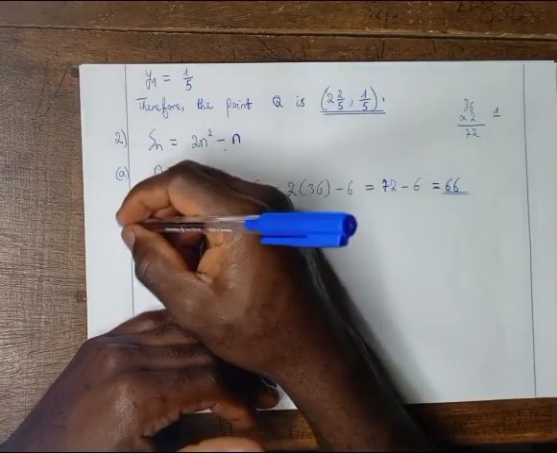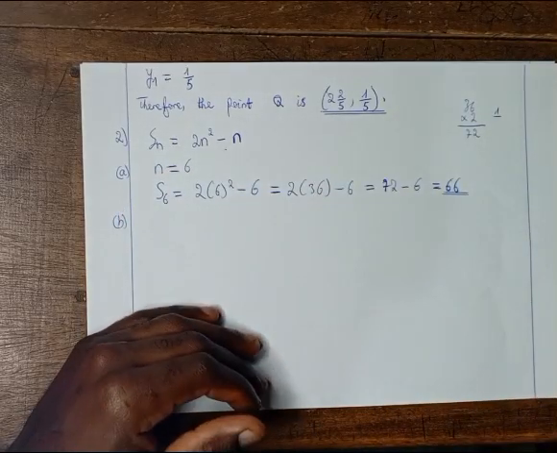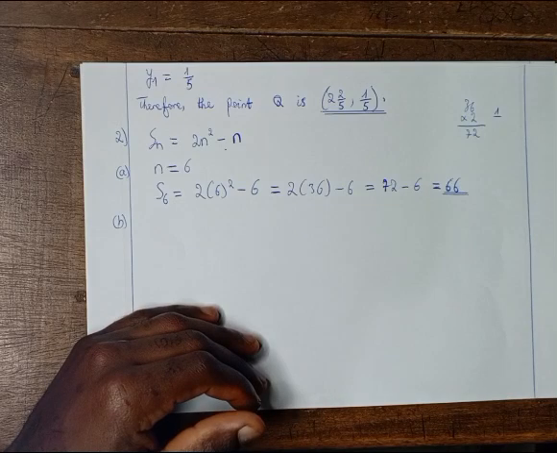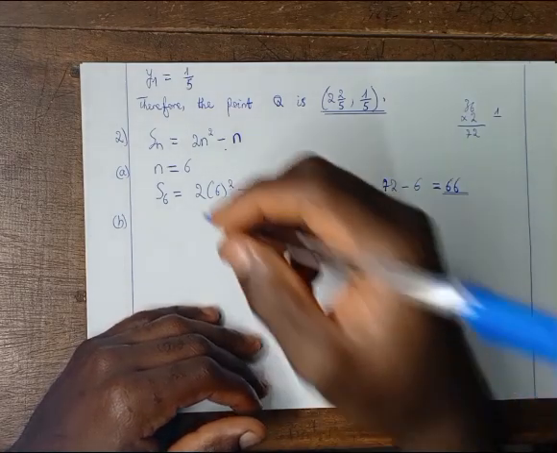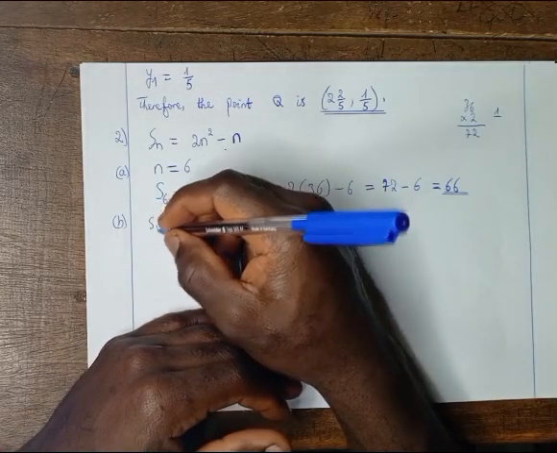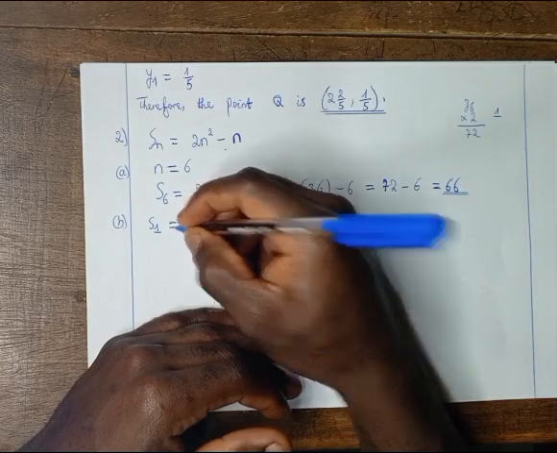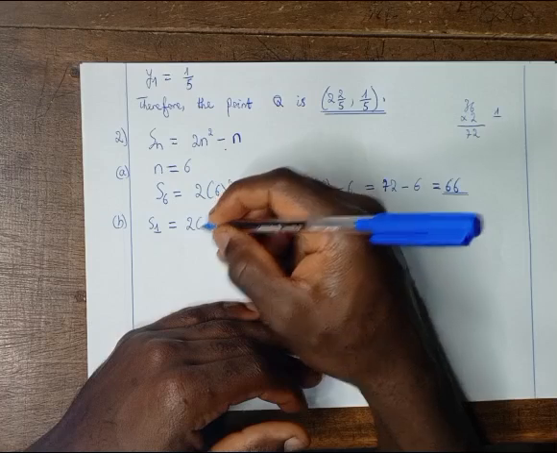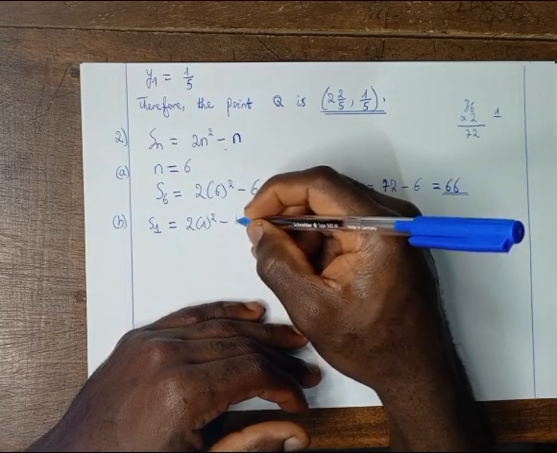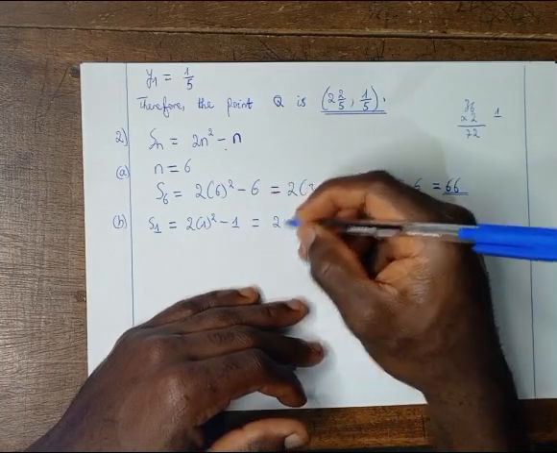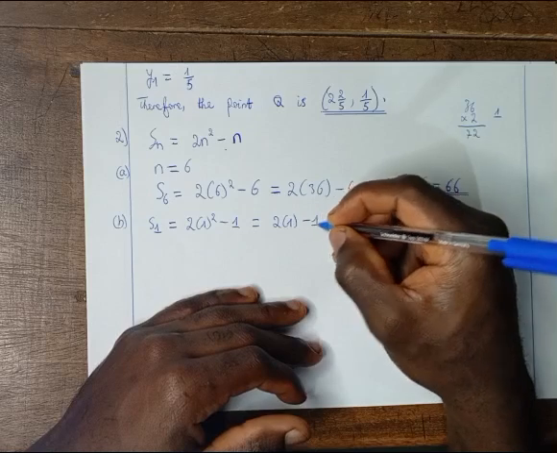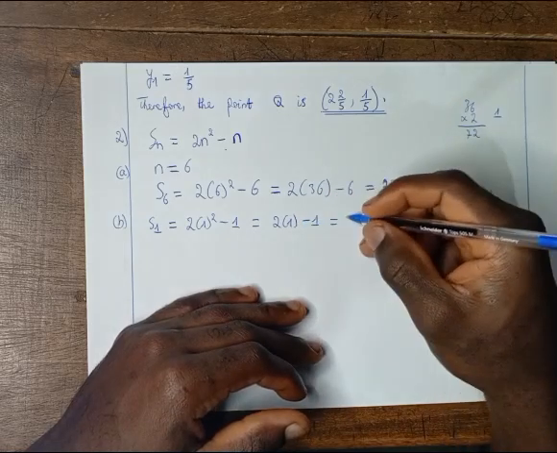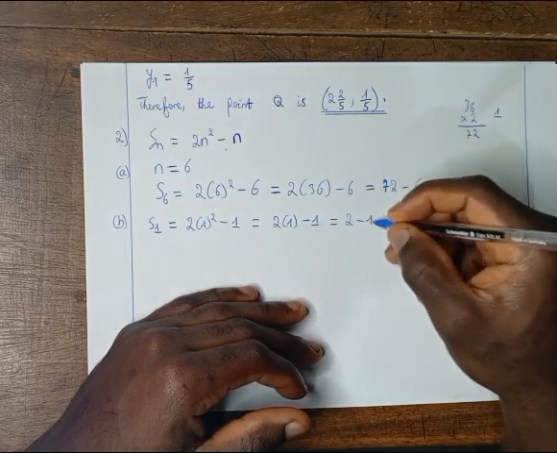Next, question B says we should find the first 3 terms of this progression. Firstly, we need to find the sum of the first term, S1. The sum of the first term will simply be 2 times 1 squared minus 1, which is 2 times 1 minus 1, which is 2 minus 1.